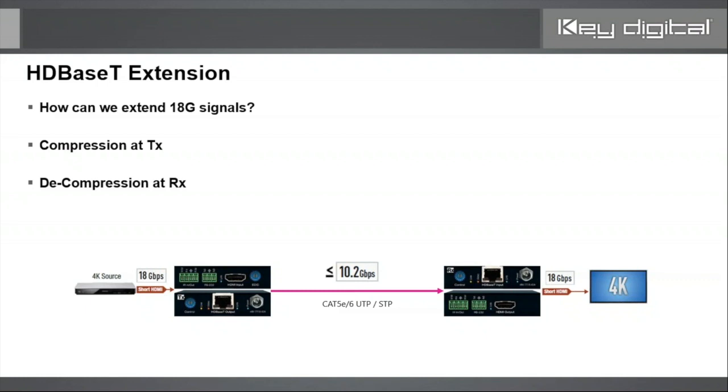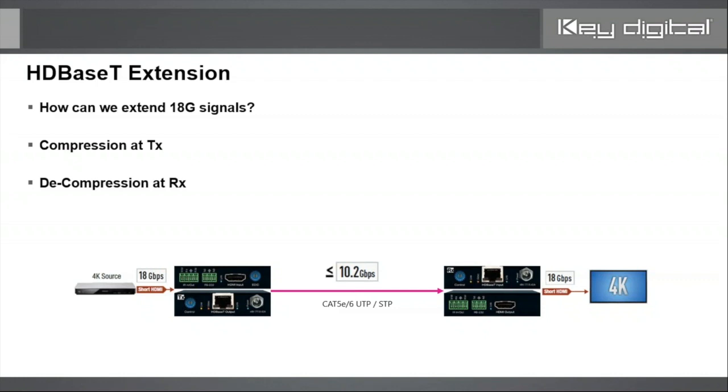We are applying, so you have a 4K source outputting an 18 gigabit per second signal, and we apply that compression in the transmitter so that the signal can be extended at 10.2 gigabits per second to accommodate the 10G pipe. And at the receiver, we decompress so that we are again sending an 18 gigabit per second signal to the display.